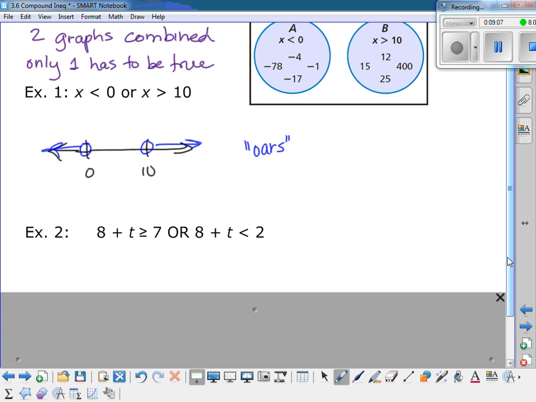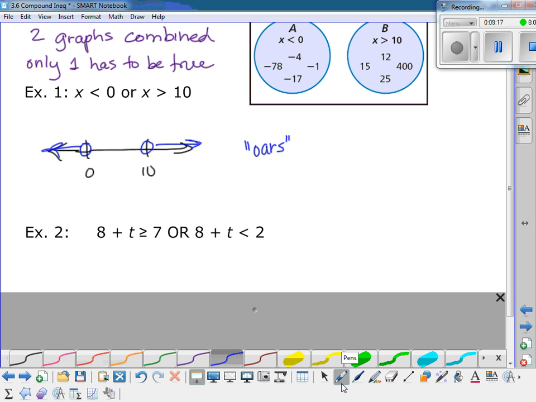So, for example, we have 8 plus t is greater than or equal to 7, or 8 plus t is less than 2. So just like we did the "and" ones, we're going to get the variable alone, in this case t.